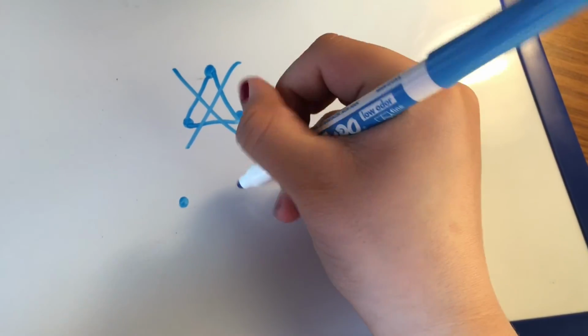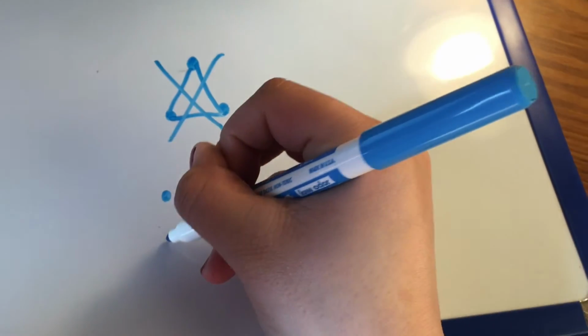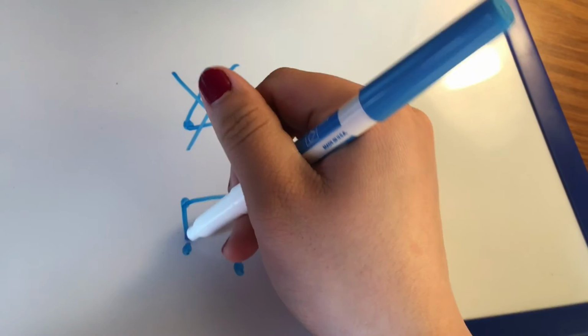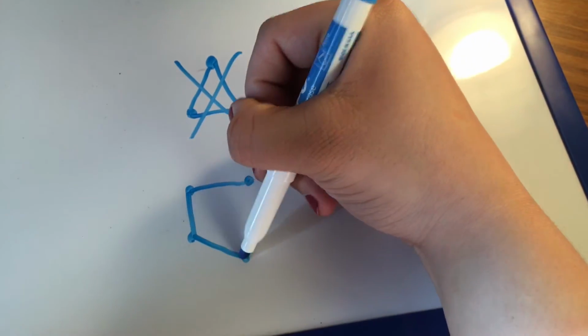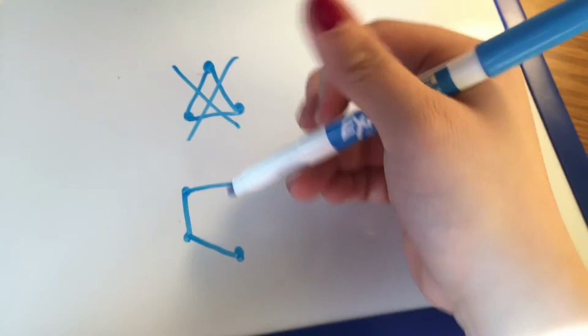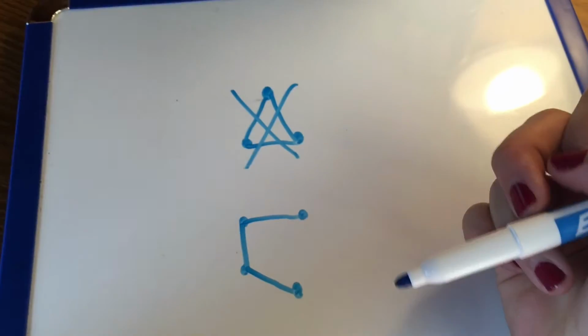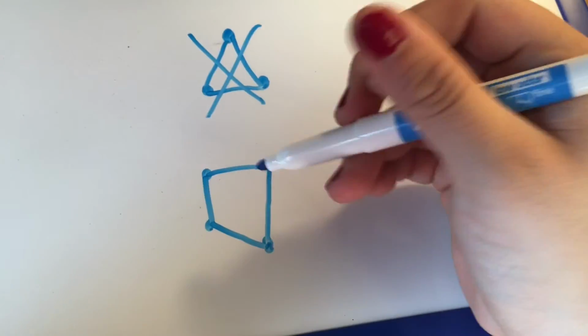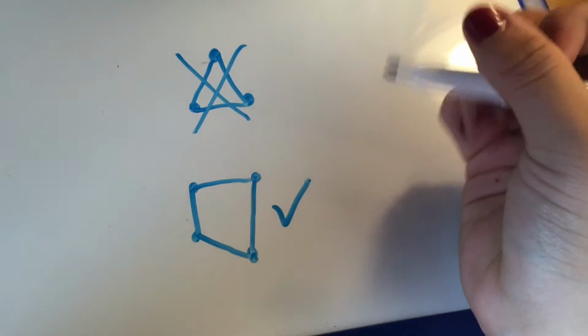So let's say we drew just some random open shape. It doesn't work because it's not completely closed. It could work if we decided that we wanted to close this line. Then it would work. An example of a quadrilateral that we could draw is a square.